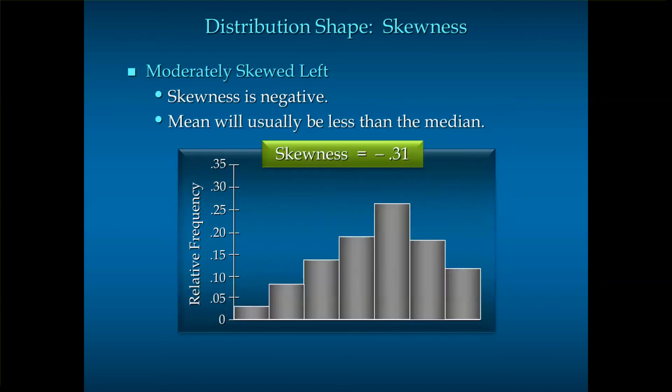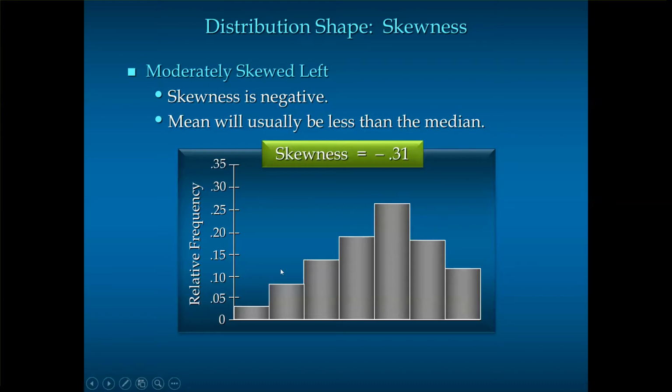So let's look at this distribution. We can find that this one is not symmetric because it has a tail towards the negative direction. This part is like an animal's tail, and we call it the tail of the distribution. With the tail towards the negative direction, sometimes we call it negatively skewed, or here we call it moderately skewed left.